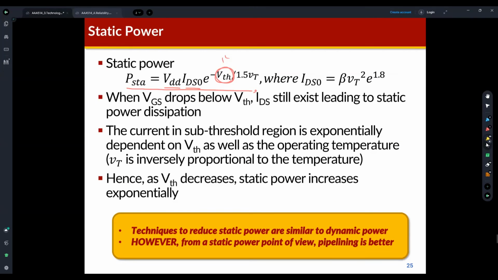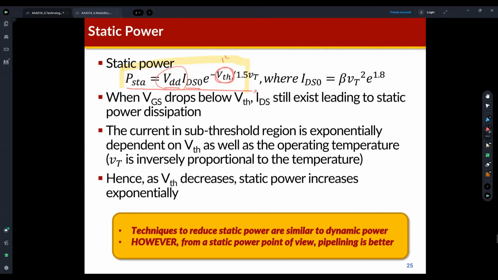And this is the equation of the static power. As you can see, the static power is proportional to the supply voltage. It's obvious because even though the MOS transistor is turned off, we can observe some resistance, and through this resistance, the current flows from VDD to ground.